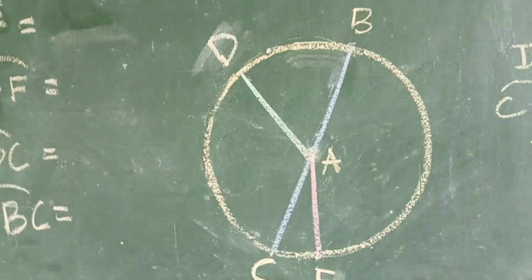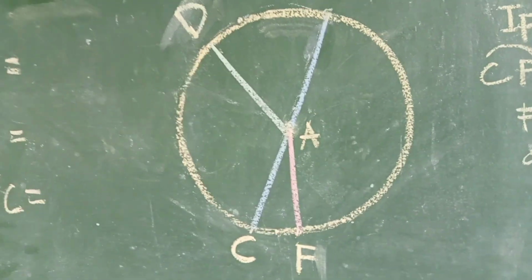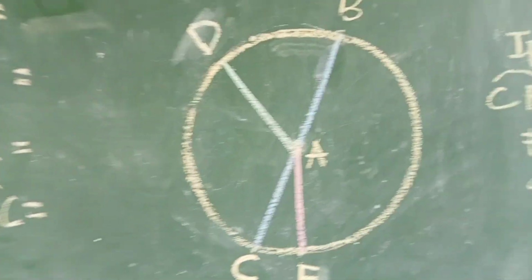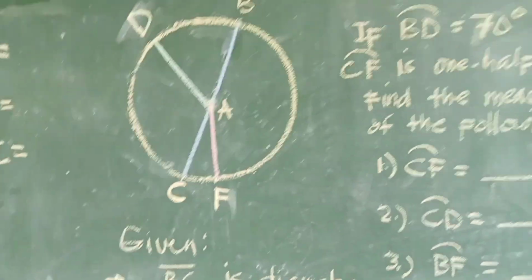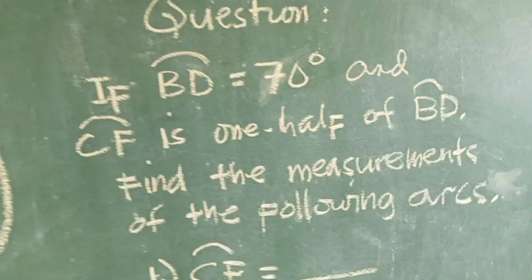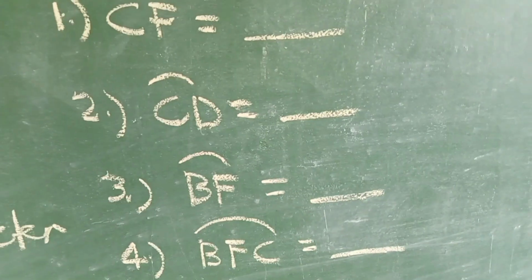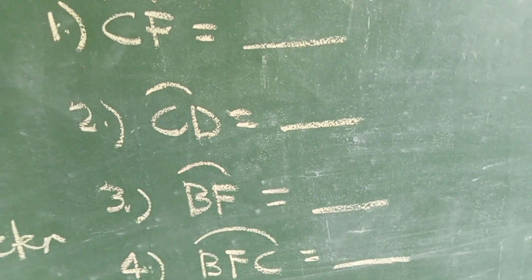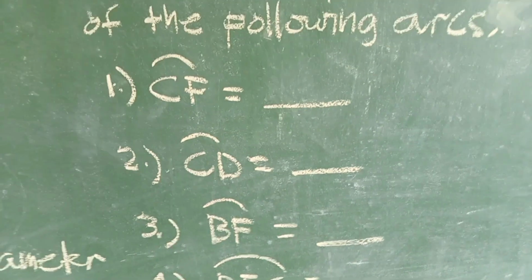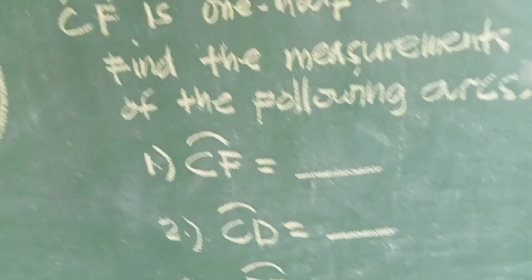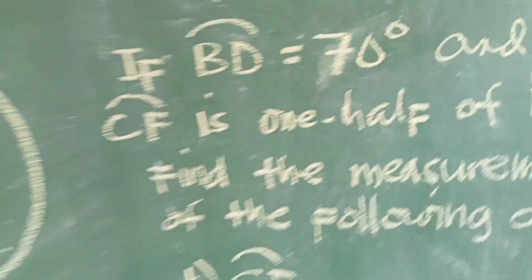If you count, there are 4 radii in this given circle A. From this illustration, this is the question that will be the basis of the following portion of the circumference, or portion of the arc, where you are going to determine the actual value.